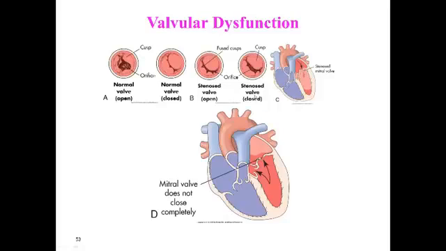And when it's closed, it's working against that stenosed area. It's not closing as it should. So you're going to get that backflow of blood into that left ventricle there.